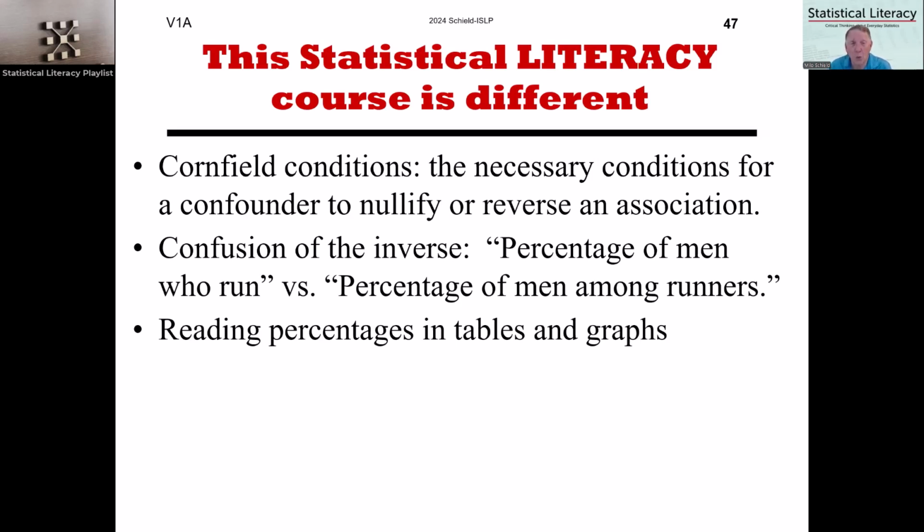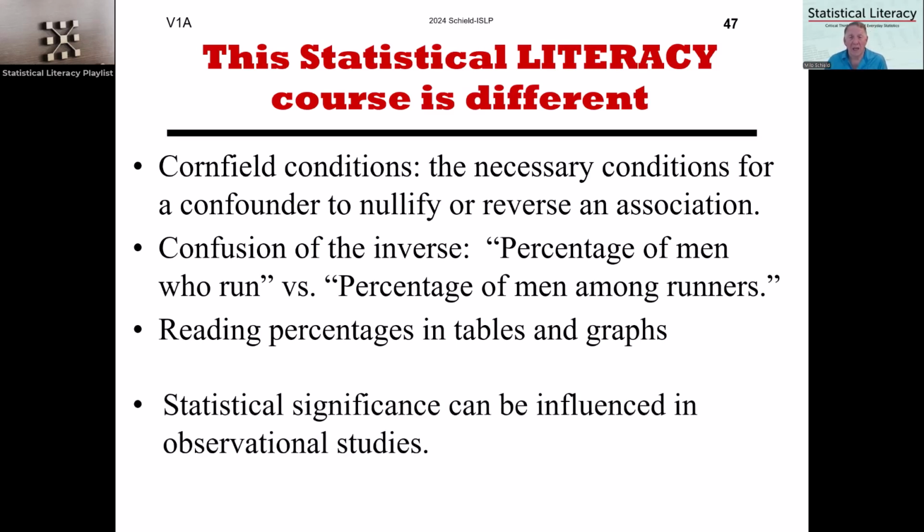The percentage of men who run versus the percentage of men among runners. At New Mexico, most of my students are ESL, Spanish speaking. They need help on untangling some of these English language nuances. Reading percentages and tables and graphs, very different. And statistical significance can be influenced in observational studies.